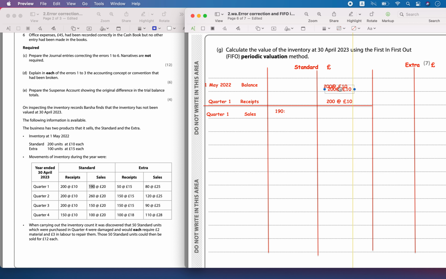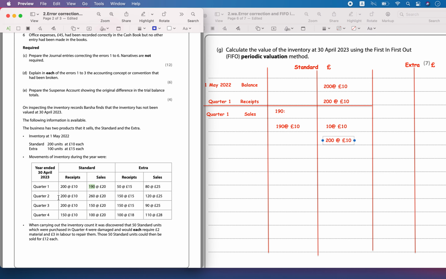So I'll issue 190 at 10 from the first 200 at 10, and the remaining inventory is 10 units at 10 pounds, and I'll also be left with 200 at 10 pounds.